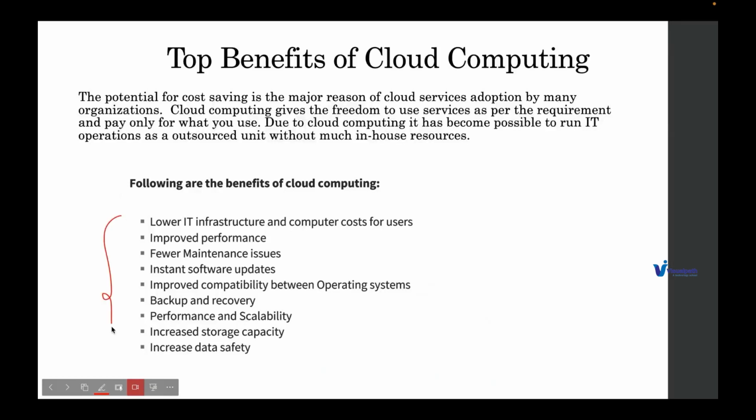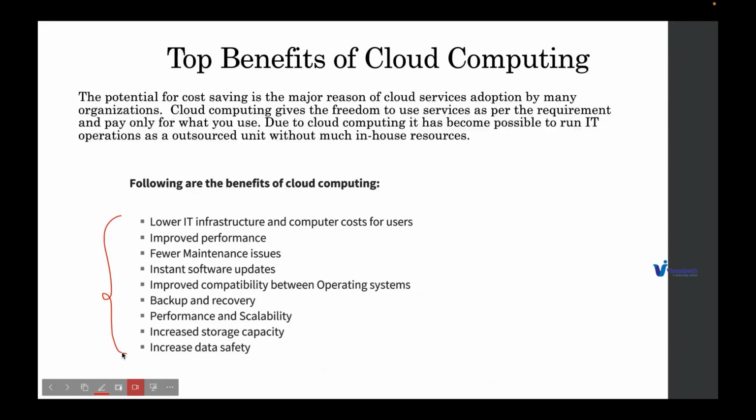Let's go briefly one by one, but I'll give you one simple example, which can help you understand better. Let's take an example: mine is a startup. Now I want to host my applications over the internet. Say I want to have an e-commerce website.